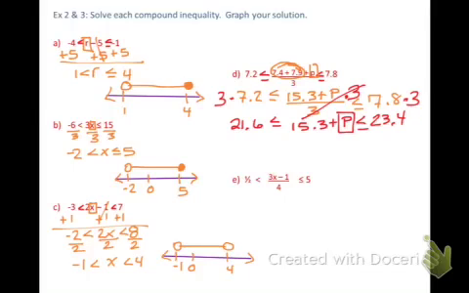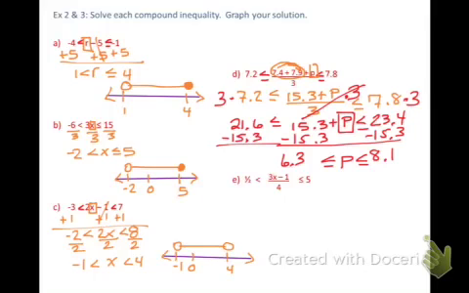The best way to do that is, since 15.3 is adding, I'm going to subtract 15.3 from all three sides. Alright, so now I have 6.3 is less than or equal to p, less than or equal to 8.1.